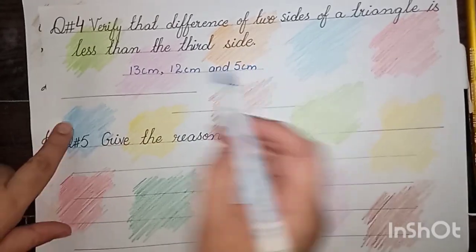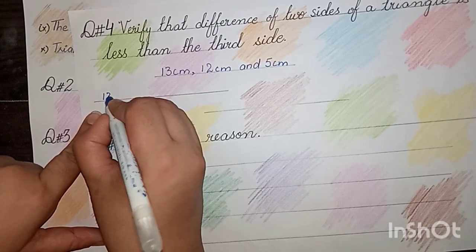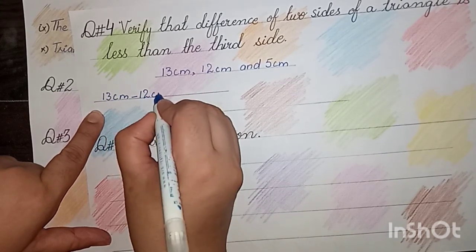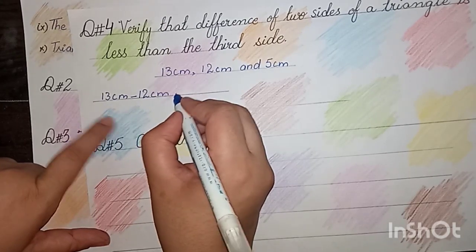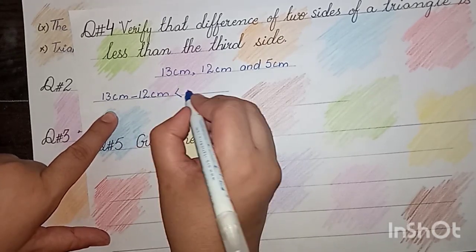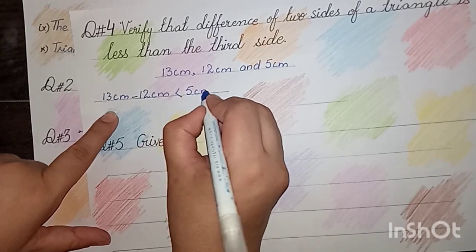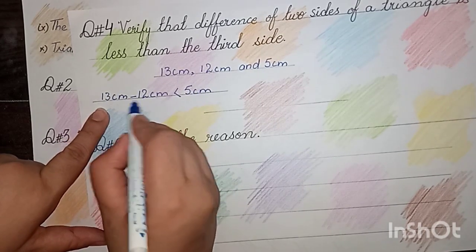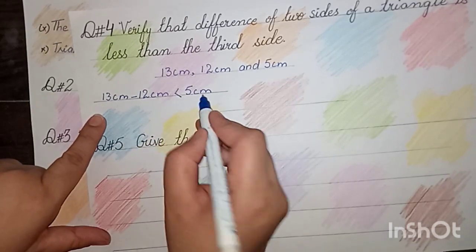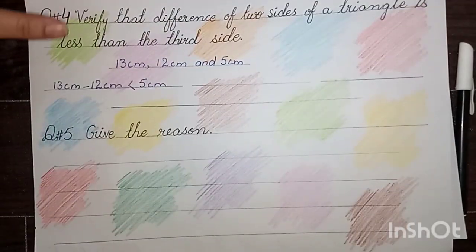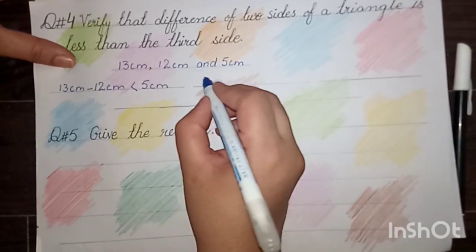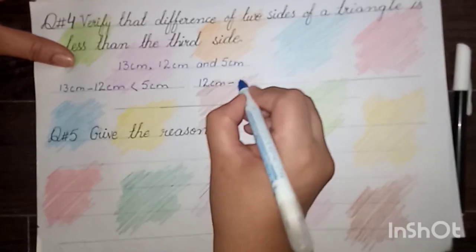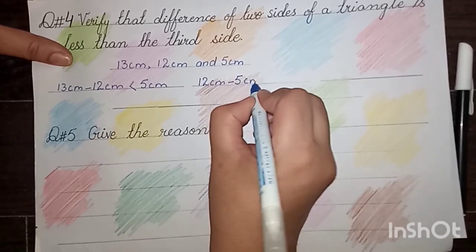We know that 13 cm minus 12 cm is less than 5 cm, because 13 minus 12 is equal to 1 centimeter, which is less than 5 centimeter. Next is 12 centimeter minus 5 centimeter.